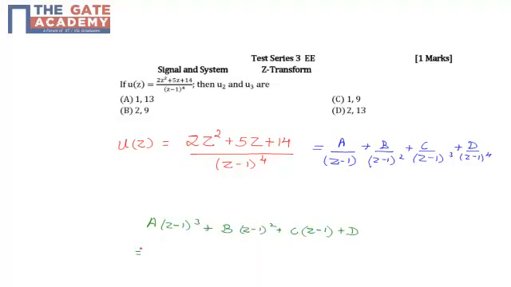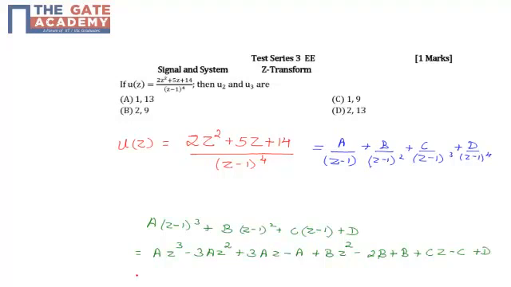So if I solve this further, what I will get is az³ minus 3az² plus 3az minus a, further plus bz² minus 2bz plus b plus cz minus c plus d.